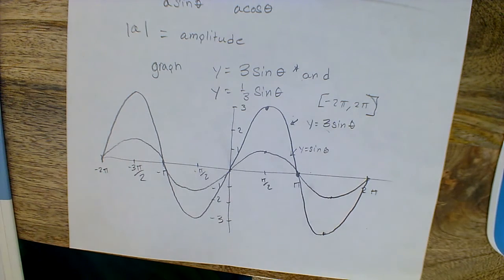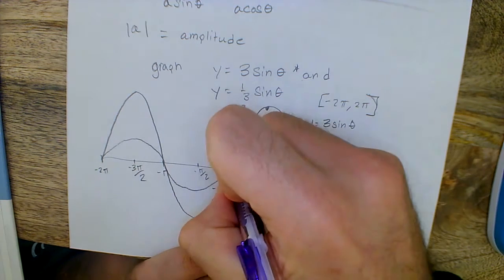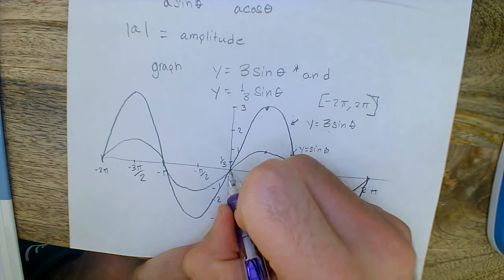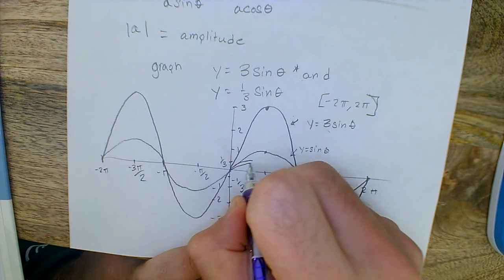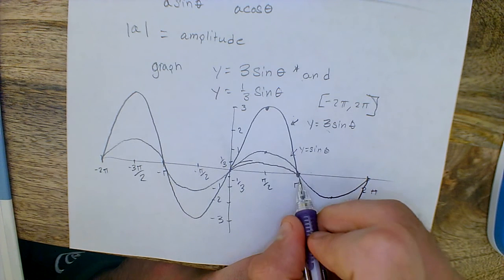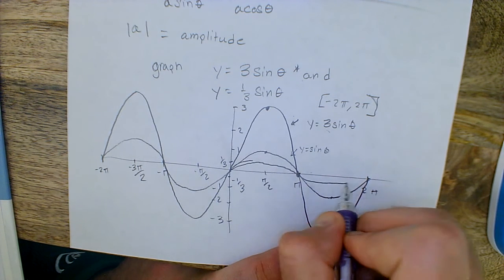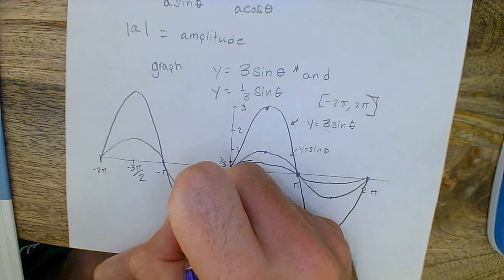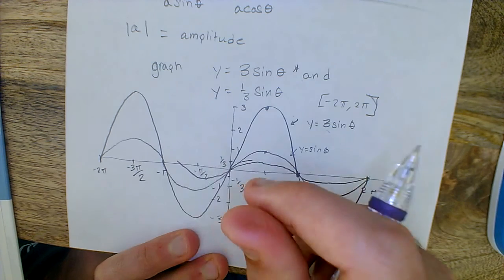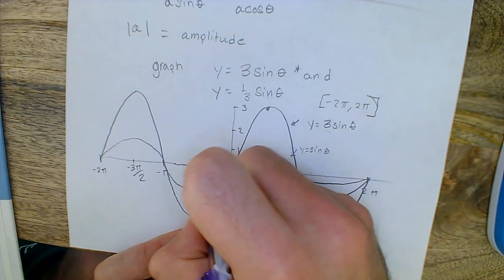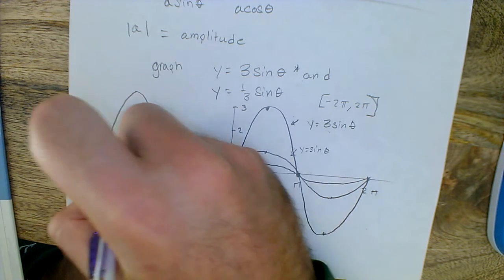So putting a 3 out there stretched our graph up by a factor of 3. Now if we put a 1/3 out here, it's going to shrink it. So now if I mark this as 1/3 and this is -1/3, then it's going to go, whoops, that's a little too tall. It'll still cross at the 0. The zeros will be the same, except the graph is going to be a lot skinnier. I did not draw that correctly. In the y direction, it's going to be compressed.